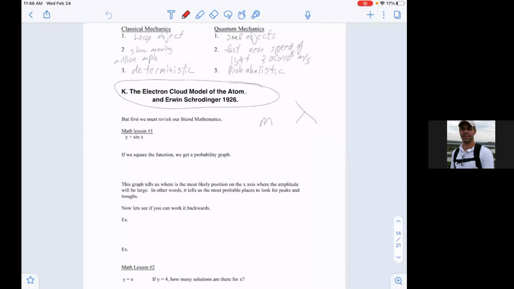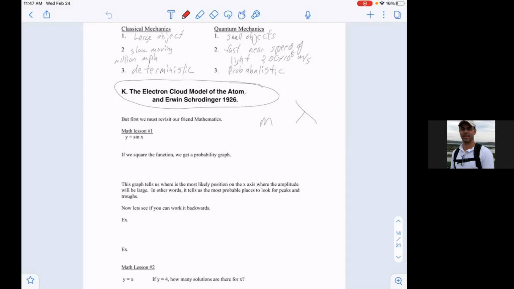It's up to you if you want to take notes on a piece of paper or in Notability. So just a quick recap while you're finding your notes.